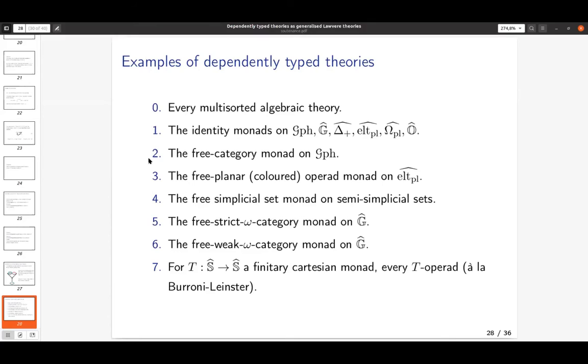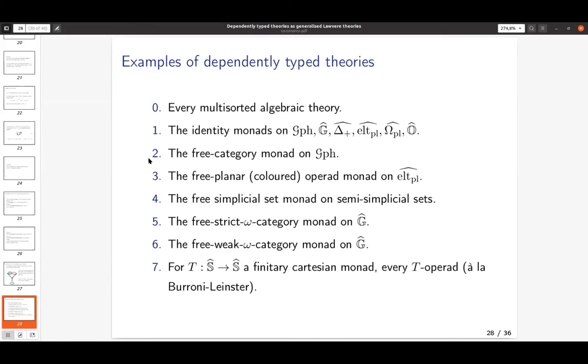There are dependently typed theories of directed graphs, of globular sets, of semi-simplicial sets, of planar collections, colored collections, of planar dendroidal sets, of planar opetopic sets, of non-planar opetopic sets, of categories, of planar colored operads, of simplicial sets, of strict omega categories, of weak omega categories, and in fact, if you have any finitary Cartesian monad on presheaves on a type signature, every T-operad is a dependently typed theory.